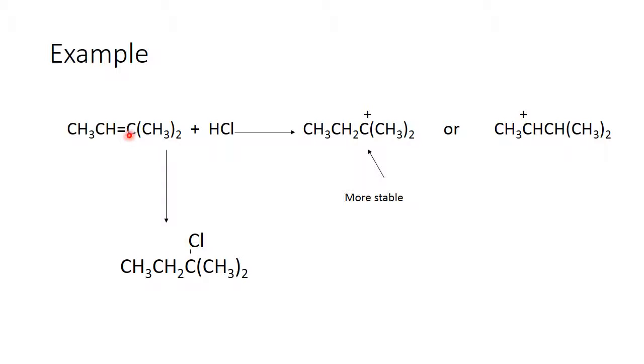If it goes here, then the carbocation will be on this carbon. Because this carbon has 1, 2, 3 carbons attached, and this one has only 1, 2 carbons attached. This is a tertiary carbocation and is more stable than this one. Therefore, the chloride ends up attached to the carbon that has more carbons attached right here.